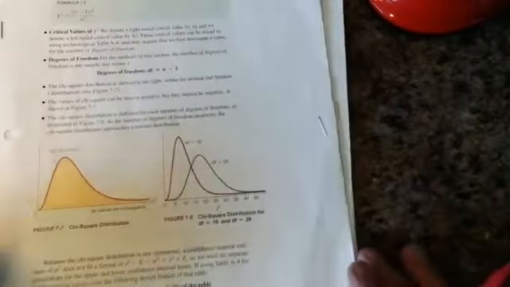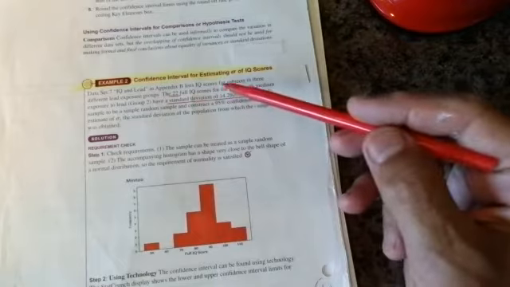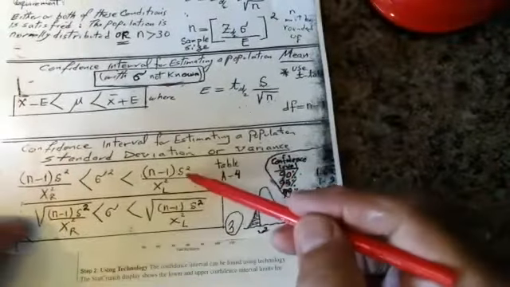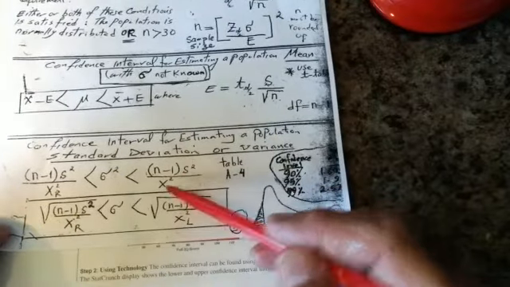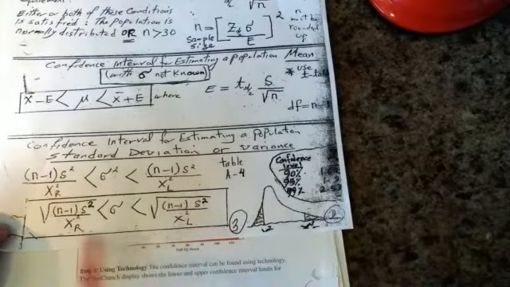Here you see the different pictures. If the df is different, then you have a different graph. It just shows you how the graph here is not symmetric, see? And if you have a different df, you end up having a different shape of your graph. And degree of freedom is n-1. In this example, there are 22 IQ scores, so n is 22, and a standard deviation is given. When a standard deviation and n are given, all you need to do is find X2L and X2R.